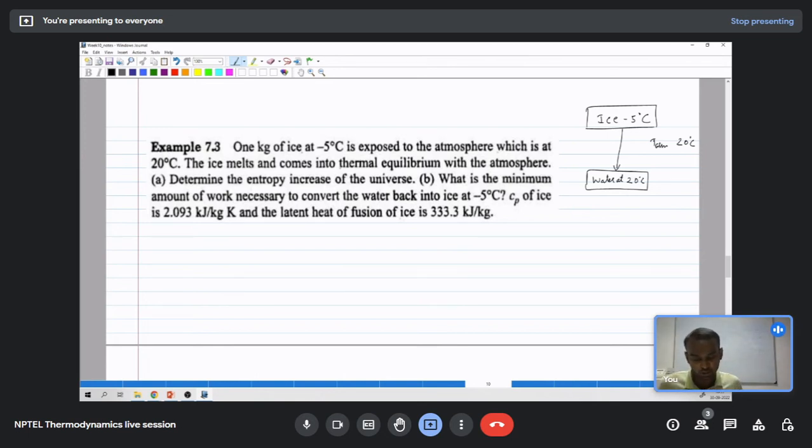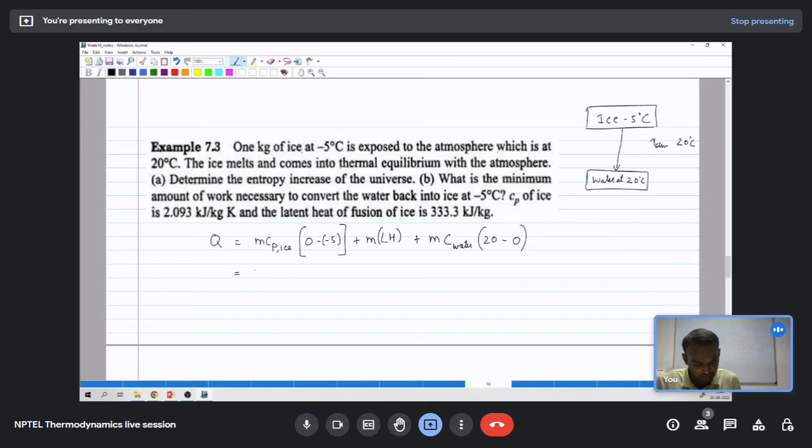So we can calculate the total heat transfer. We have 1 kg of ice, so m Cp of ice into the temperature difference from the initial state of minus 5 degree ice to the final state of 0 degree ice, so 0 minus of minus 5, plus latent heat of fusion, so that is m into latent heat, which is 333.3 kilojoule per kg, plus m into C of water for a final temperature of 20 degrees Celsius from an initial temperature of 0 degrees Celsius.